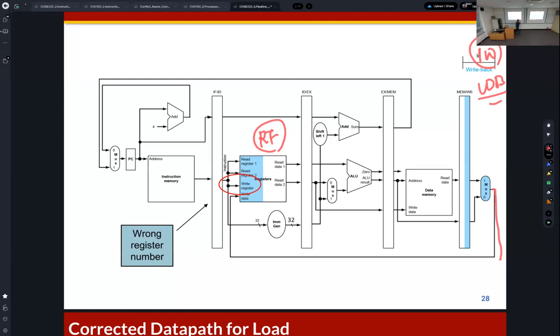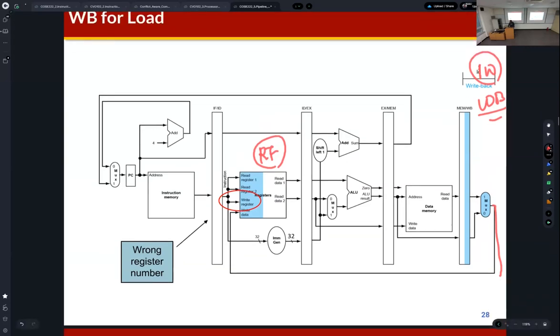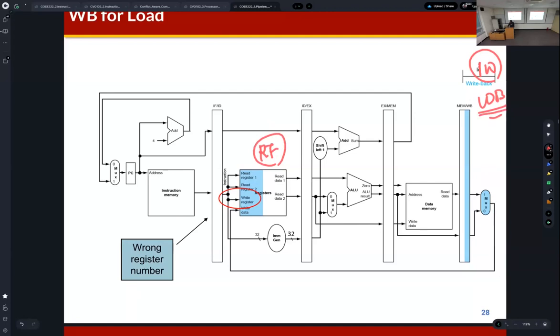But when we design pipeline architecture, we need to consider the timing of signals. So this is actually very critical. So what's the problem? This is the write back stage, which means that the result will be written back to the write data port of the register file. But what's the problem?